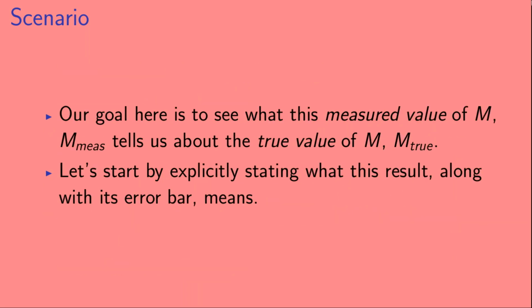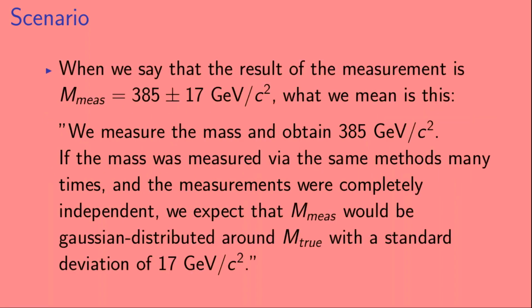Our goal here is to see what this measured value, m measured, tells us about the true value, m true. Let's start by explicitly stating what this result, along with its error bar, means. When we say that the result of the measurement is m measured equals 385 plus or minus 17 GeV/c², what we mean is this.